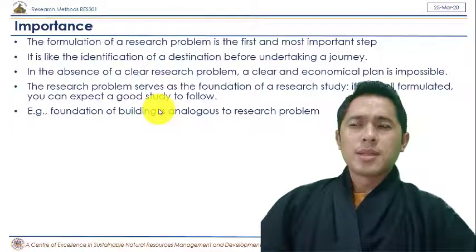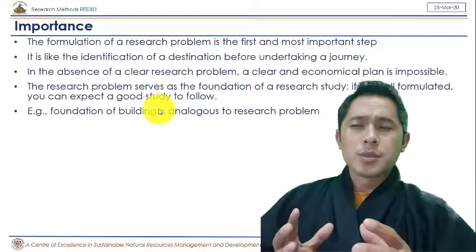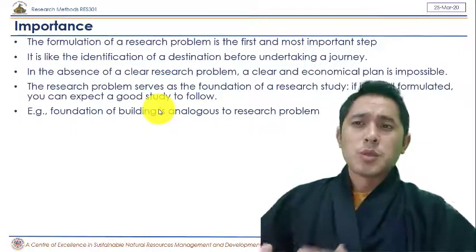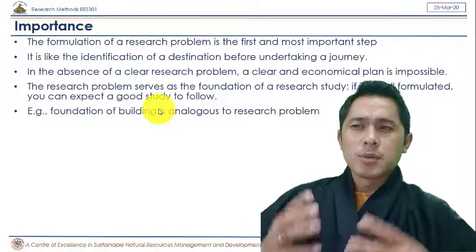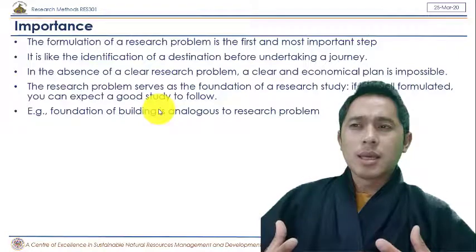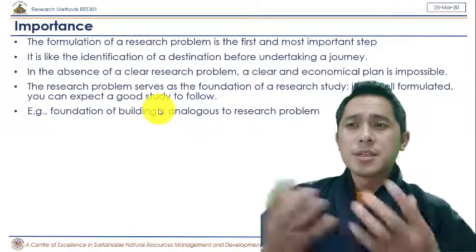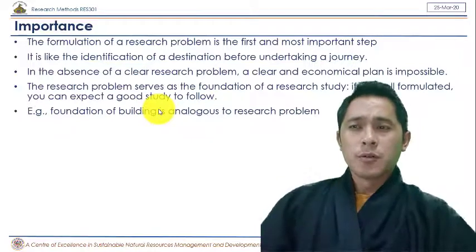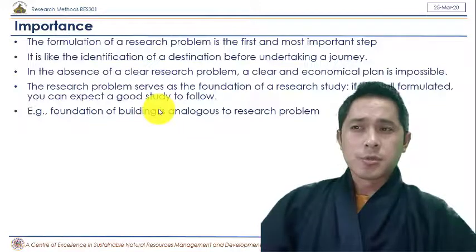So it's like, if you do not have research problems, it's very blank for us to which way to go, what to do, and what kind of results are we expecting. So a clear research problem at our hand guides us our destination, our way forward, and basically it's kind of like a clear roadmap in our research process.